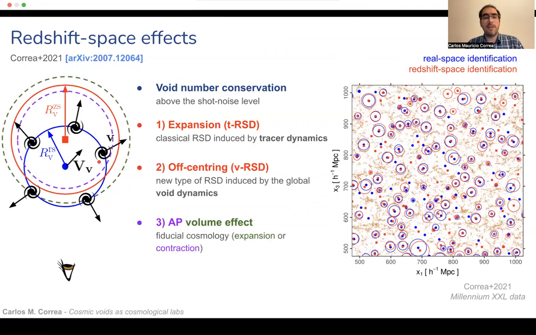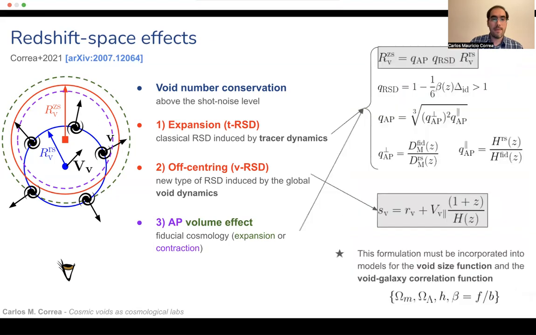But this is not the complete story. The Alcock-Paczynski effect also affects the volume of voids. In this case, the net effect can be an expansion or a contraction. It all depends on the selected fiducial cosmology. So we provided a theoretical description for all these effects based on dynamical and cosmological considerations.